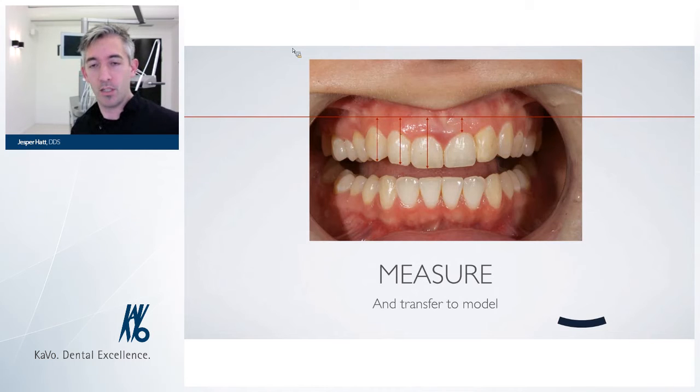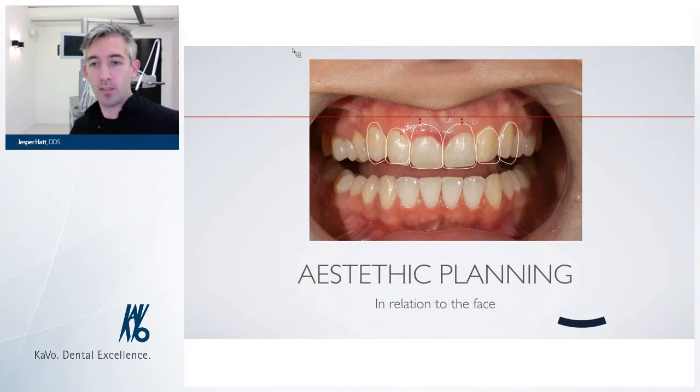So we make our measurements to find out where the teeth are in regards to the line, and then we can actually transfer this line to our stone model if we want to, or a digital model if we have done an intraoral scan, something like that. After doing that, we can start to plan where we want our teeth to be, because looking at the teeth this close, we kind of lose the ability to see where we position the teeth in regards to the face.